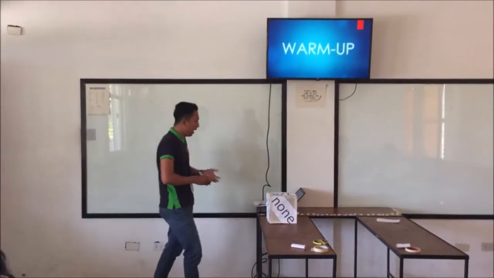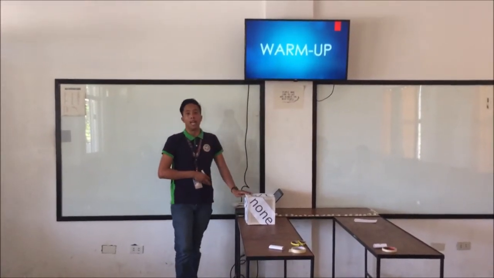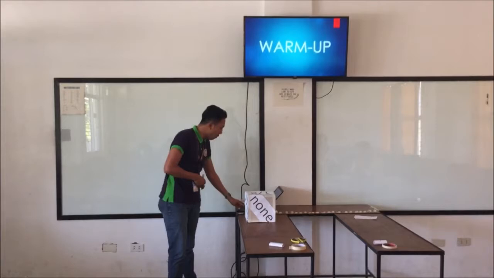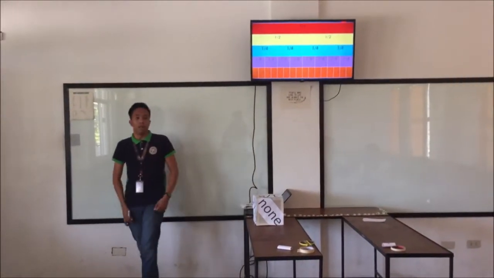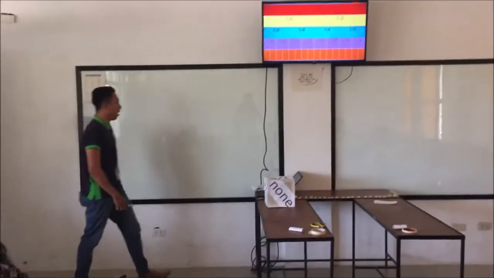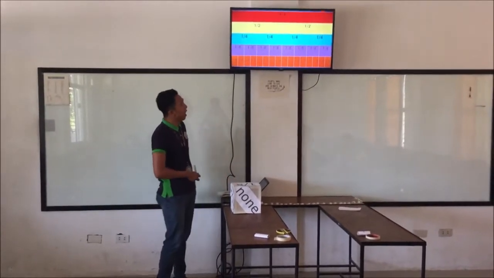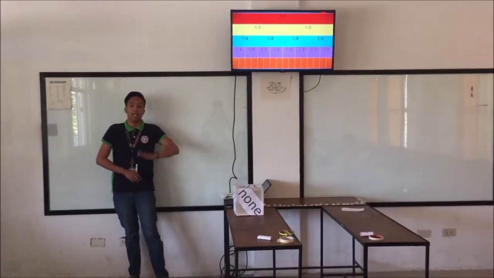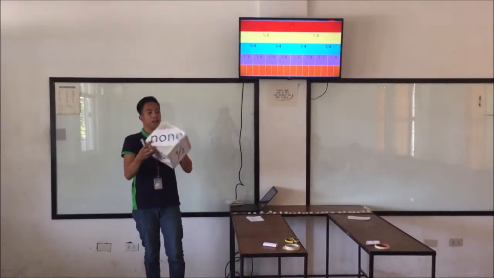Now, as part of our review, we will do a warm-up game. Since you are already familiar with this, what's this? The fraction chart. As I presented to you last meeting, we will use this as our main material for our game. I have here a die.